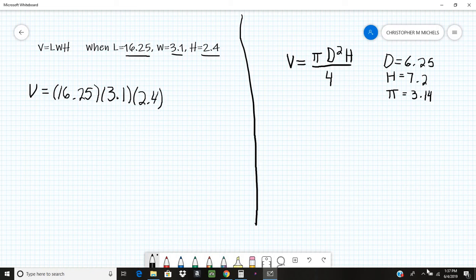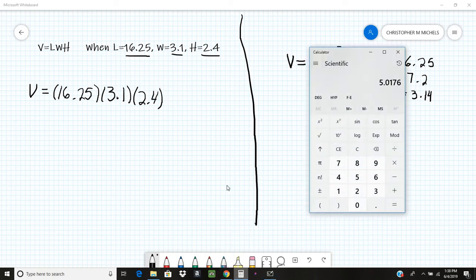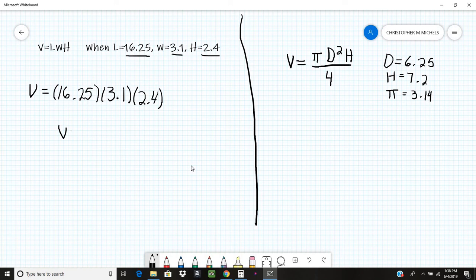So let's go ahead and multiply all three of those together, and then we'll get our answer. So do 16.25 times 3.1 times 2.4. So we get our answer of V equals 120.9.